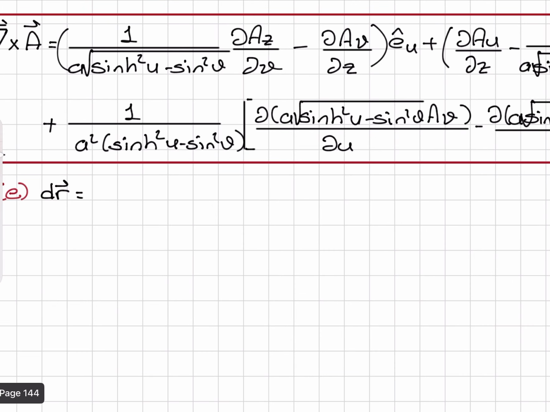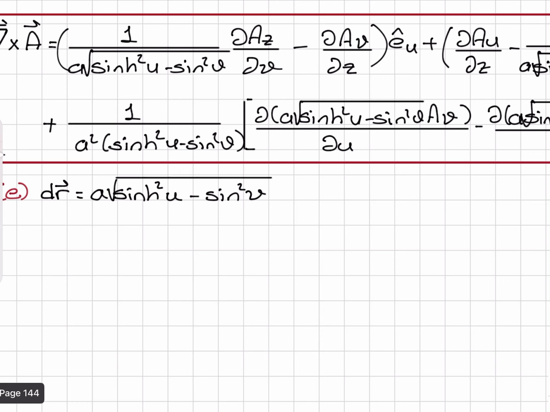It's going to be equal to h_u e_u hat du. Now we already know the scale factor is a square root of sinh squared u minus sin squared v inside the square root.